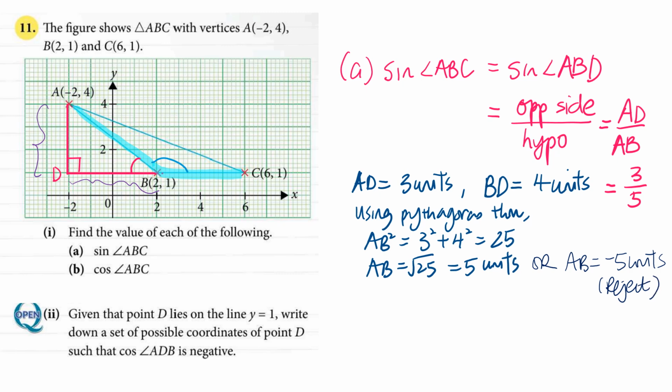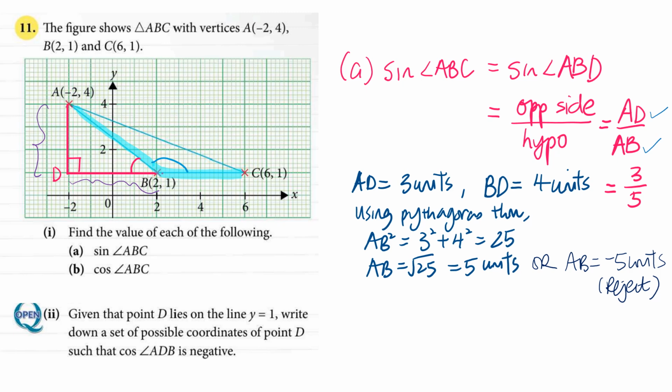So AB is 5 units. Then we can substitute 5 here, and AD we found to be 3 units. Therefore, the ratio for sine angle ABC is 3/5.